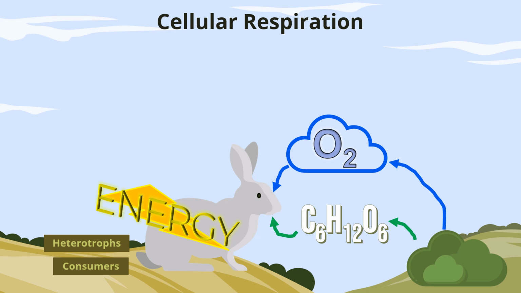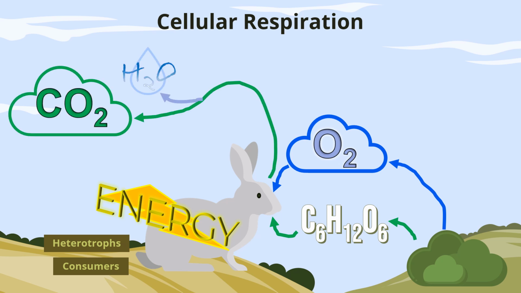Now, the products of this, what happens at the end of this, is that animals breathe out carbon dioxide and also a little bit of water vapor. So hopefully you're starting to see that the ingredients for photosynthesis are starting to look like the end products of cellular respiration and vice versa.